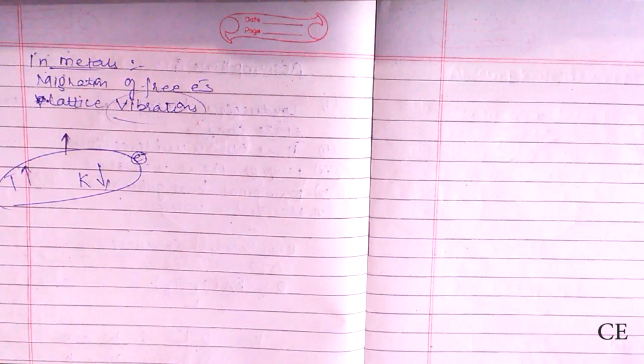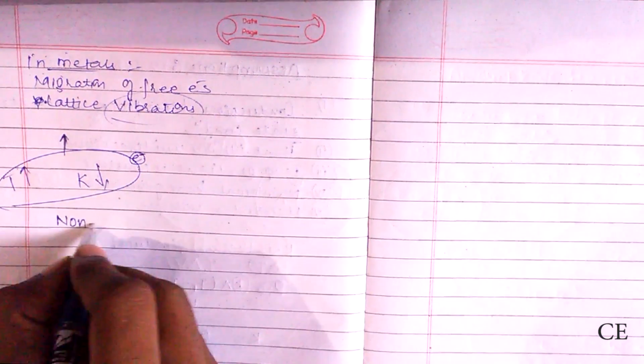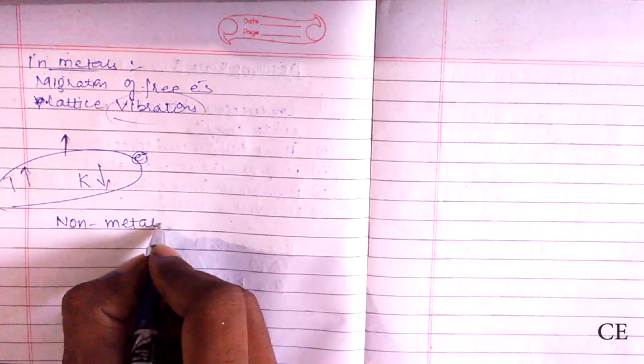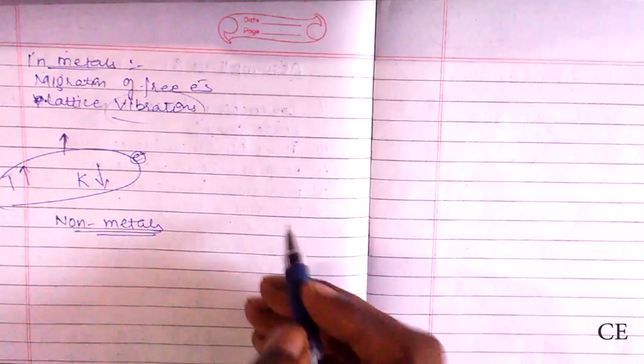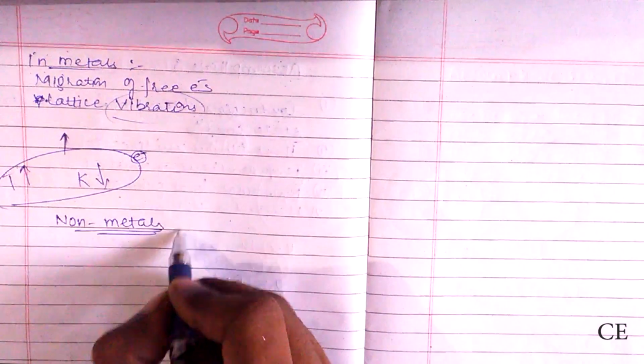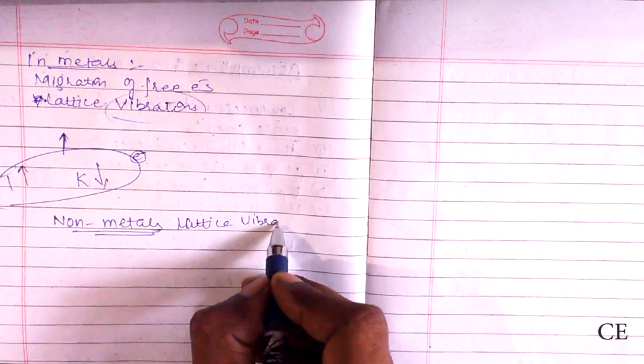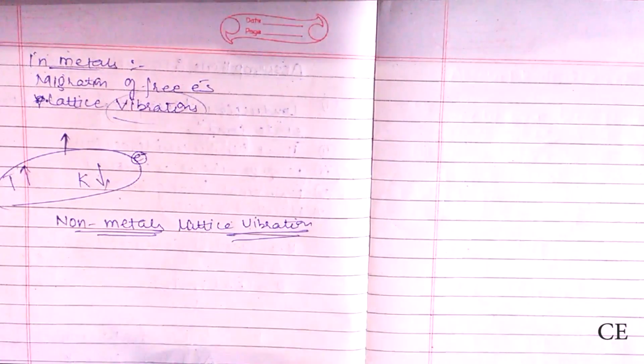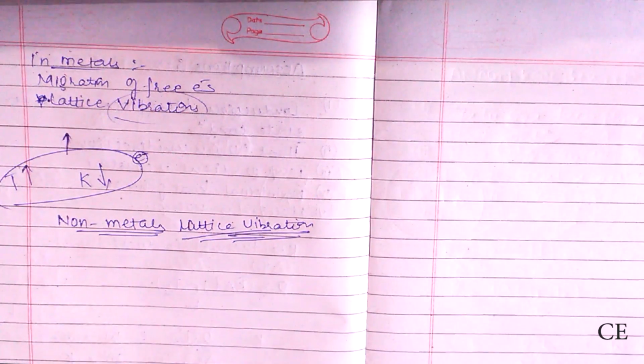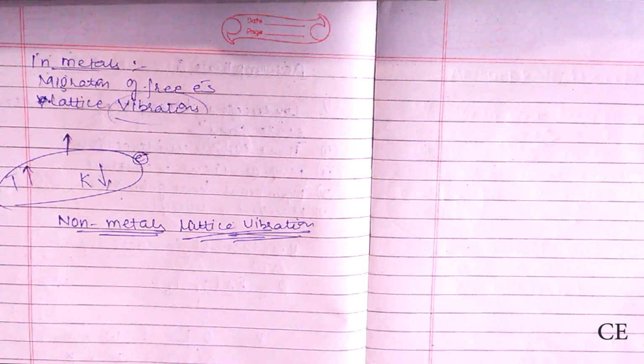While in the non-metals there are no free electrons. So when we increase the temperature, there is lattice vibration in it. Due to that, lattice vibration increases and the number of collisions increases per unit time when we increase the temperature.